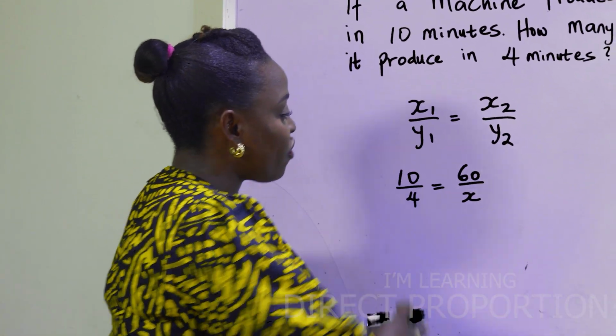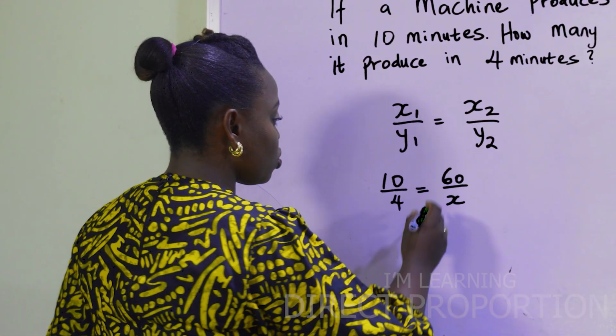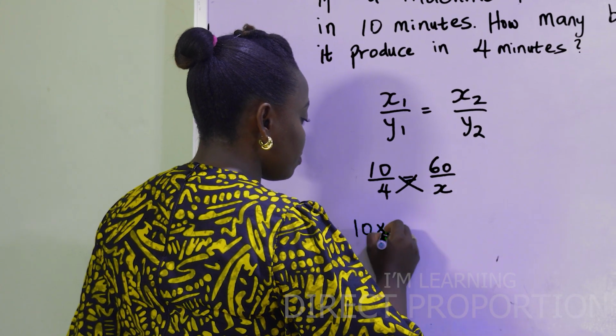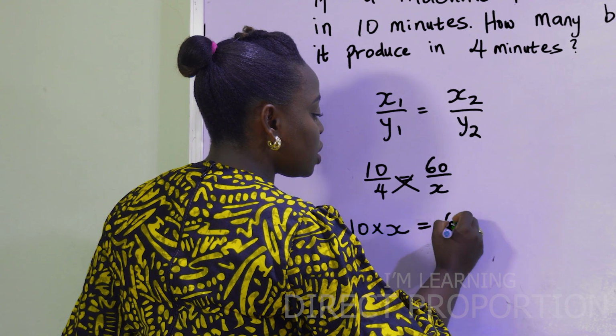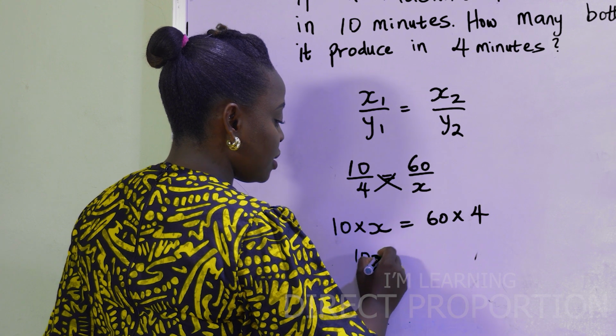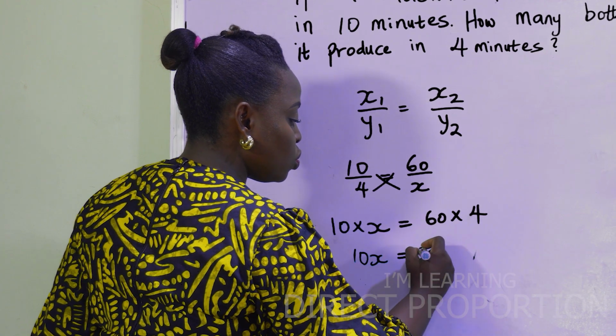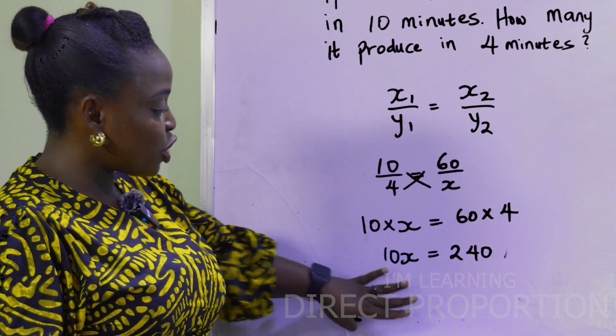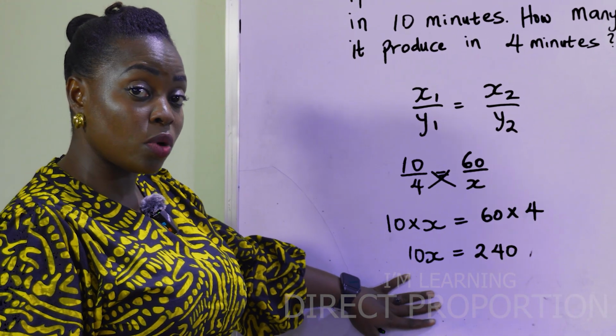Now at this point, we have a fraction equal to another fraction, so we what? We cross multiply. So that means that 10 times x is equal to 60 times 4. So 10x is equal to 240. Now, I just want to have x alone on one side.